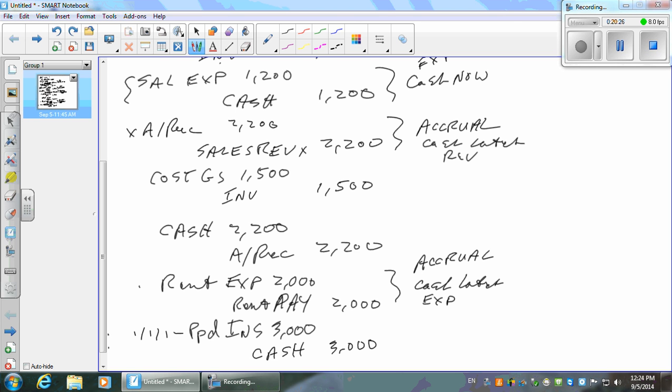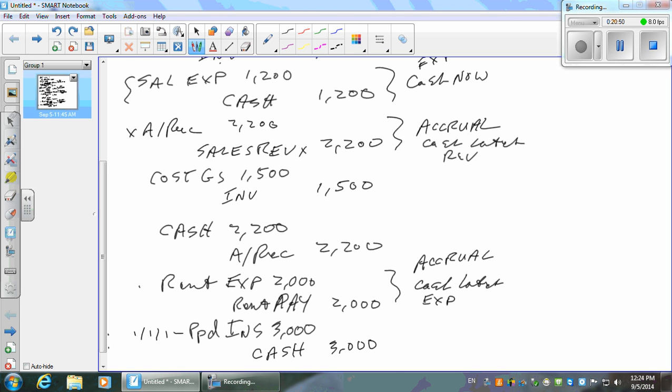Anyway, so I paid in advance. Would you think you had an asset if you had the right to live there for 12 months rent free? Yeah. If you paid for it yourself, do you think you'd have an asset? Yeah. Right? You took $24,000 in cash and you bought the right to use an apartment for a year. Does everybody agree with this?